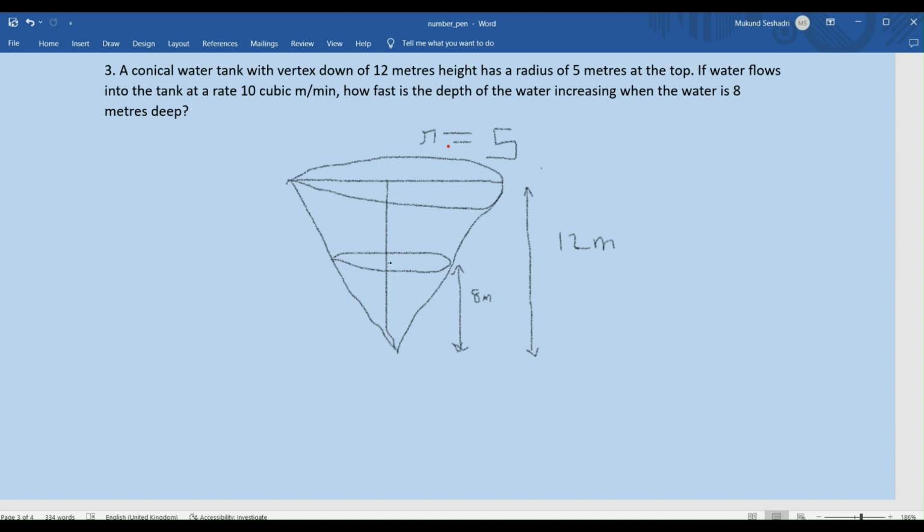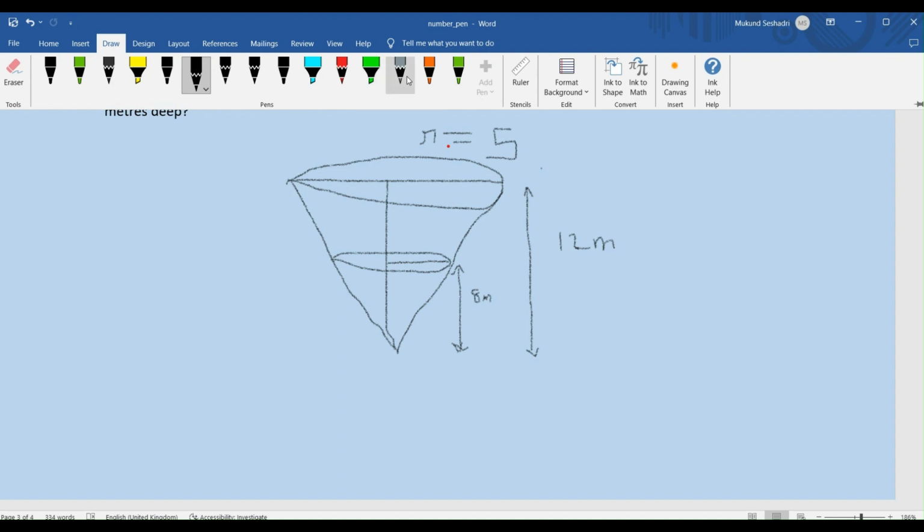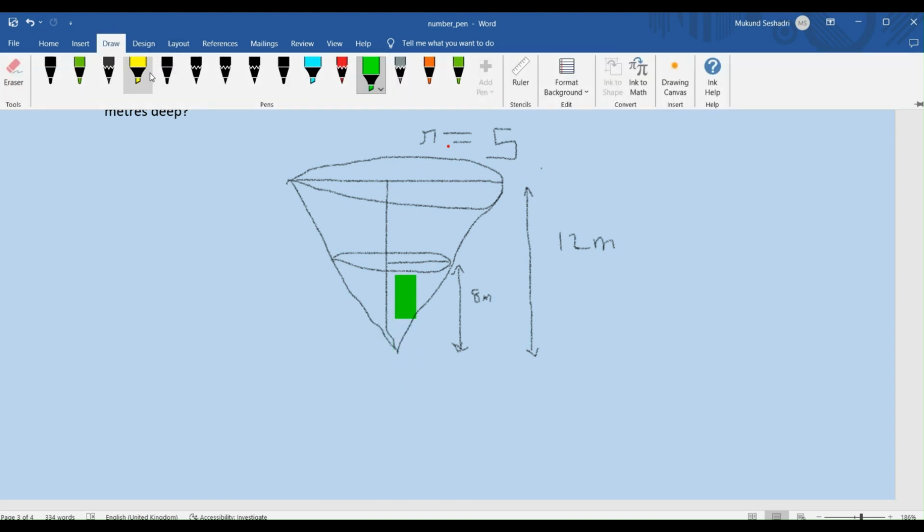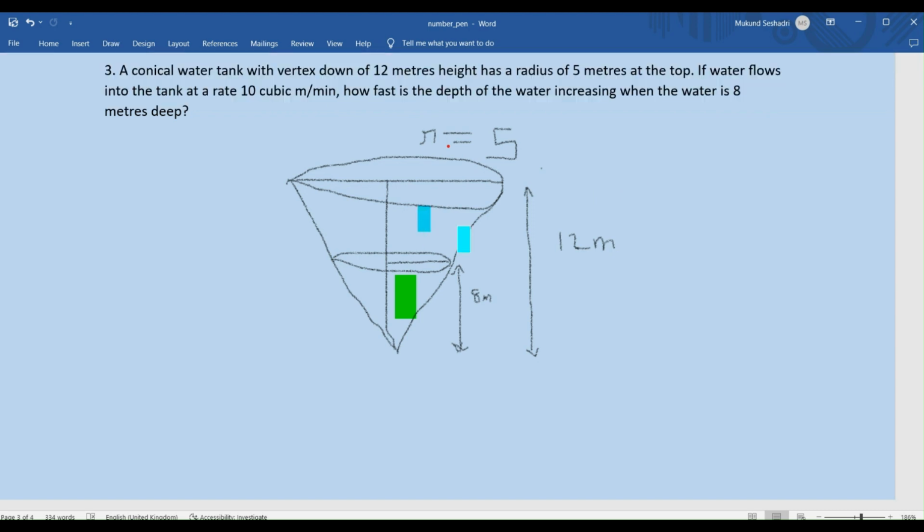So we have a similar triangle here. So the triangle formed by, let me use a highlighter, the triangle formed by the water, which is what I marked by green, and the triangle formed by the tank, which is, let's say, this, right?